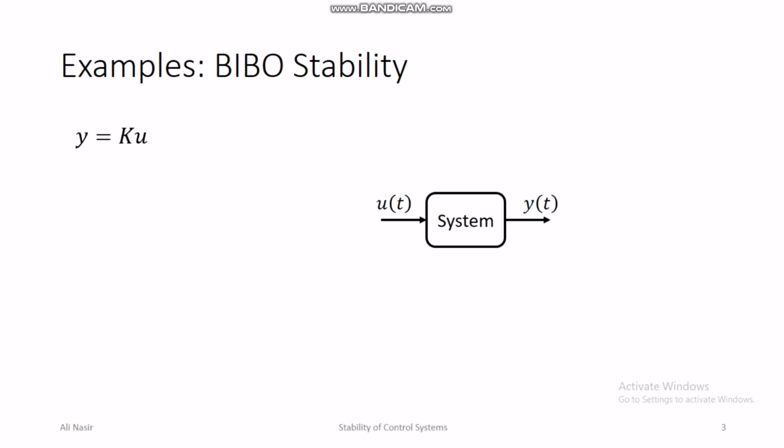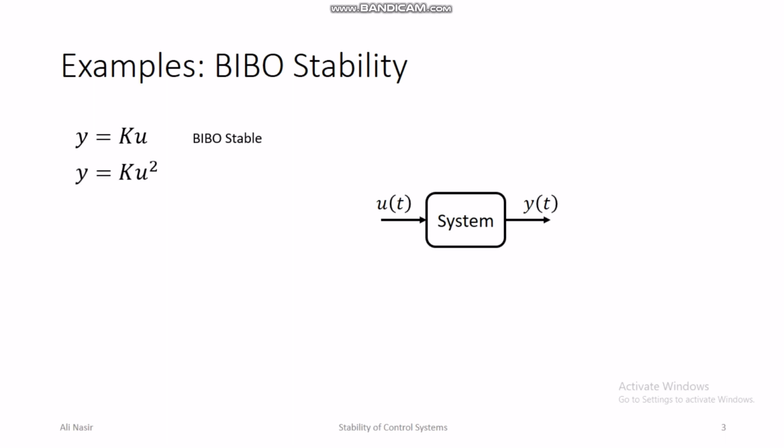As long as k is non-zero, as long as k is some positive or even a negative number, y cannot be infinite unless u itself is infinite. So we conclude that this system is BIBO stable.